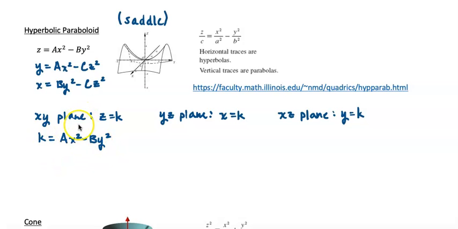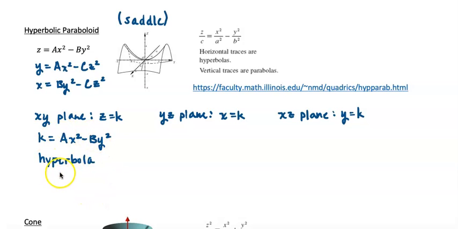Well, if we look back at our first page, this is in the form of a hyperbola. And more specifically, when this value of k is positive, our conjugate axis is going to be the y-axis. When this is negative, then our conjugate axis is going to be the x-axis.